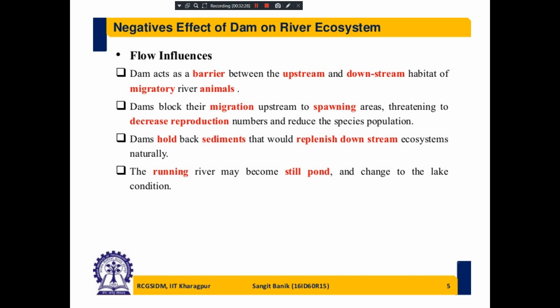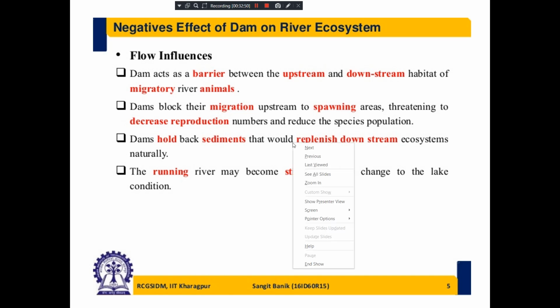This has affected a lot, and I will take the example of fishes. The fishes show migration. There are many marine fishes which go to fresh water for laying eggs, especially during the early monsoon.